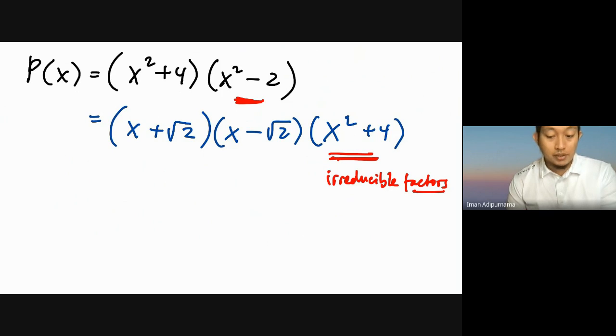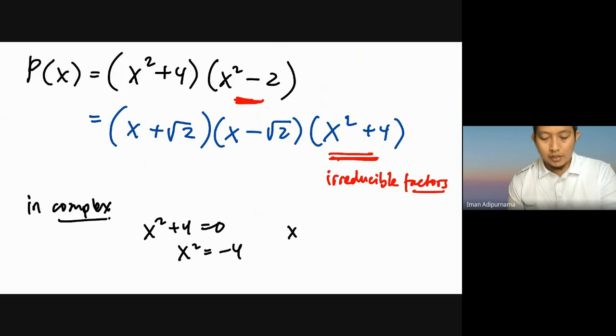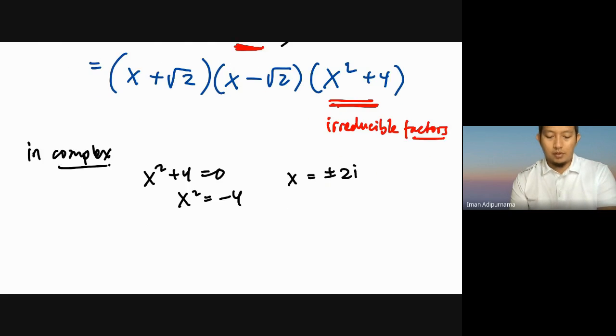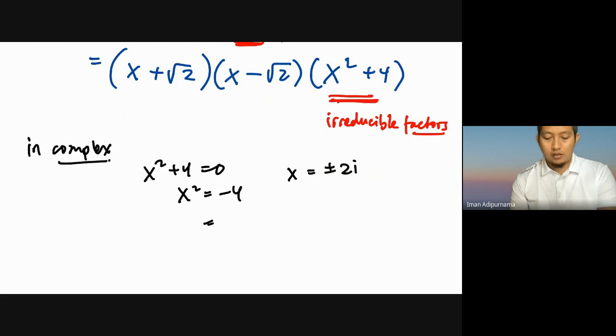And to get the complete factorization in complex, we know that x squared plus 4 will be equal to -4. So x will be plus minus 2i, right?